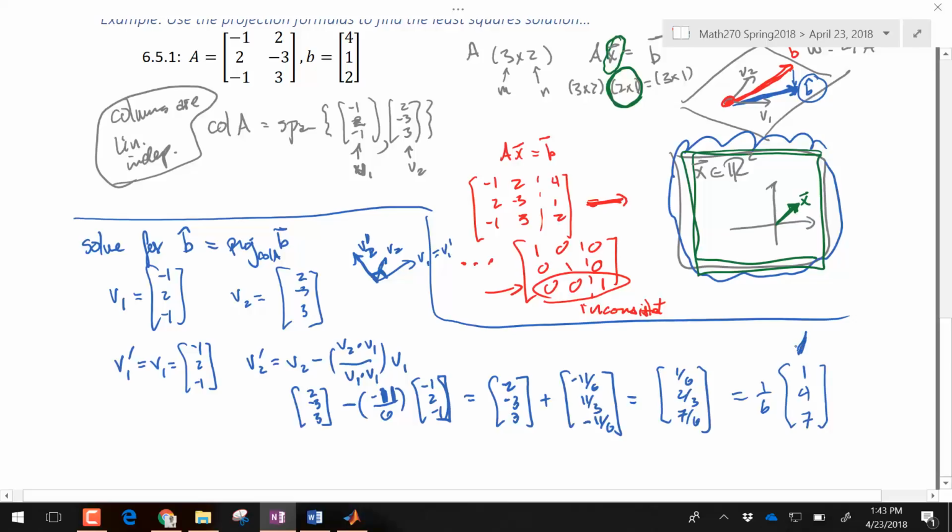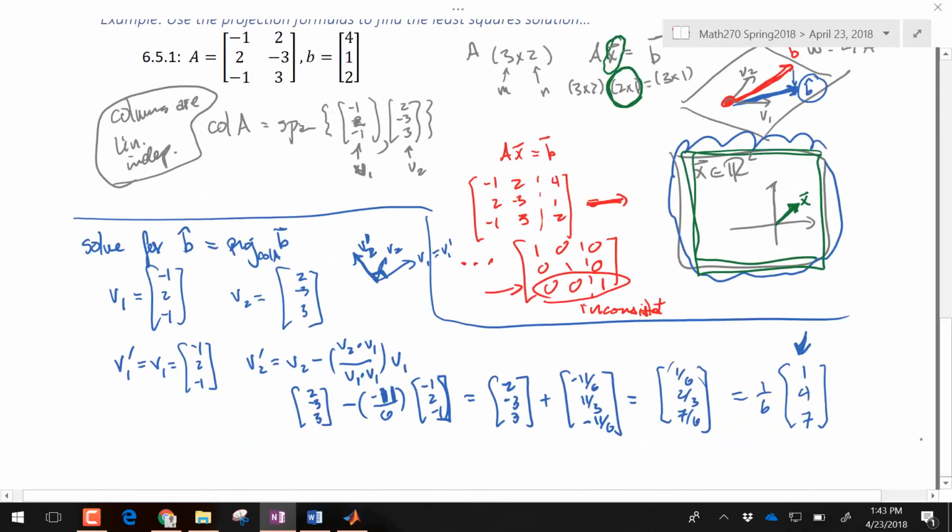So this vector is perpendicular to v1, but for the sake of doing the next step in the Gram-Schmidt process, the size of this vector doesn't really matter. So if I make this into some scalar times this vector, this 1, 4, 7 is still going to be orthogonal to the original vector v1. And so with that, I'm dealing with nice whole numbers instead of fractions. All right.